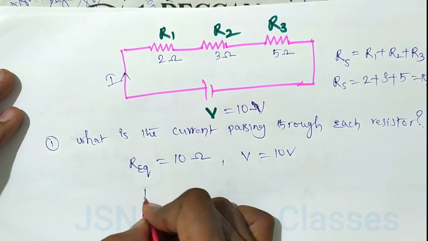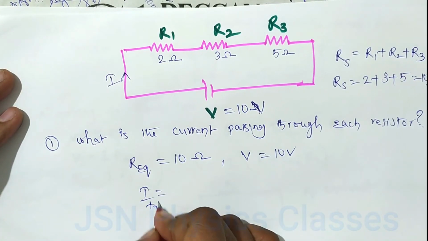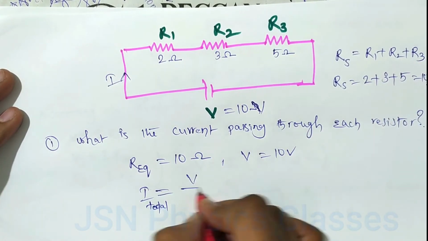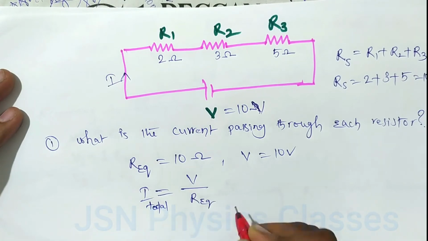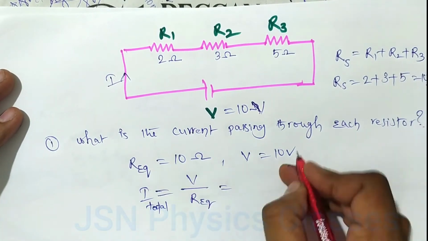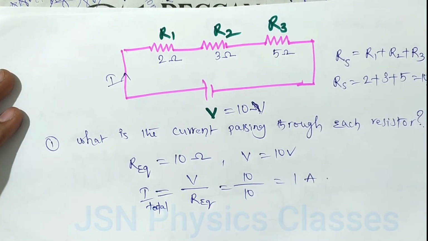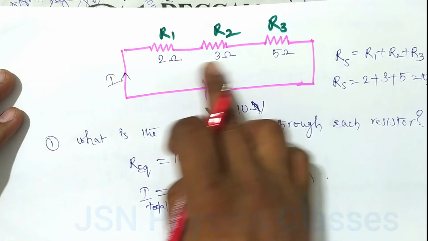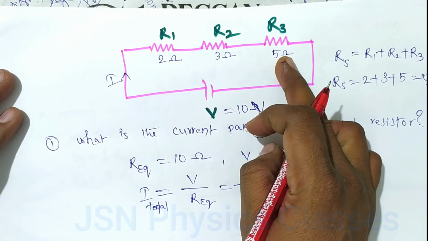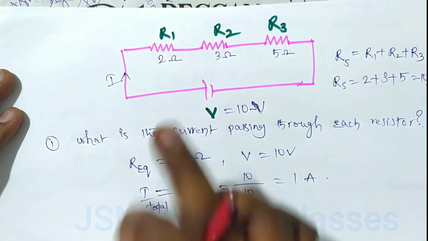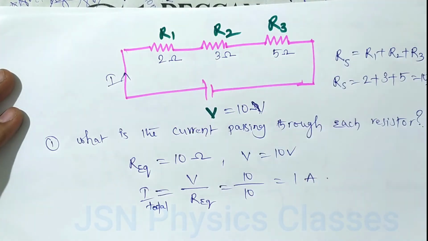Now the total current I is equal to voltage by R equivalent, that is 10 by 10, equal to 1 ampere. Remember, these 3 resistors are in series. So we already discussed, when the resistors are in series combination, the current passing through each resistor should be same.